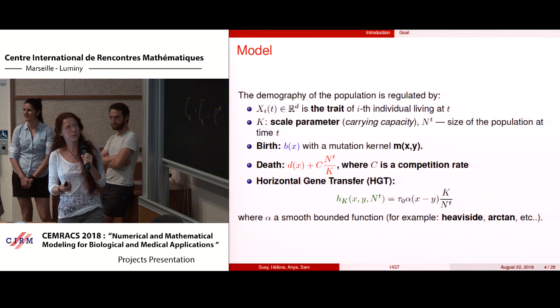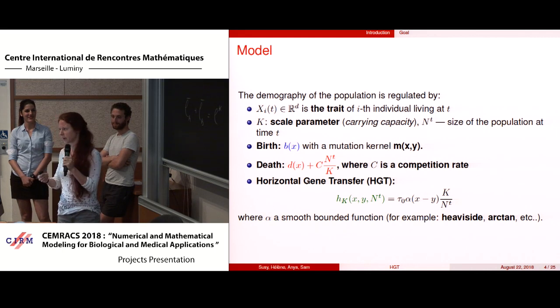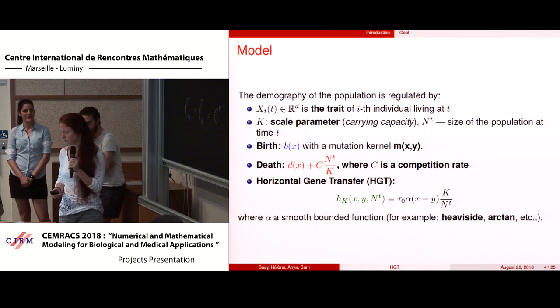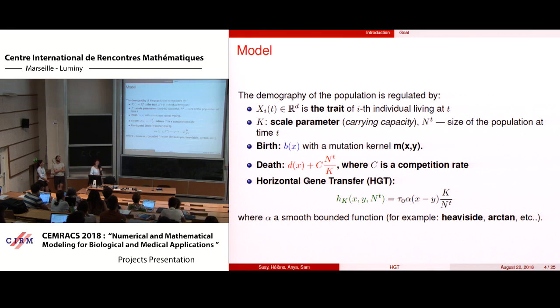And horizontal gene transfer for us is just some function, Heaviside or stuff like that. So it will be discussed further.